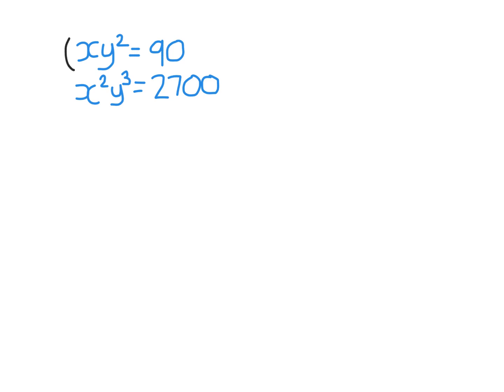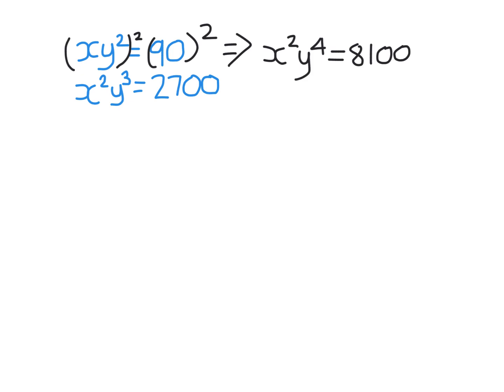I think the easiest way here is if we square both sides of this top equation, I'll have an x squared in both equations. So doing just that, squaring the top equation, I get x squared y to the power of 4 equals 8100. So now I have x squared in both equations.